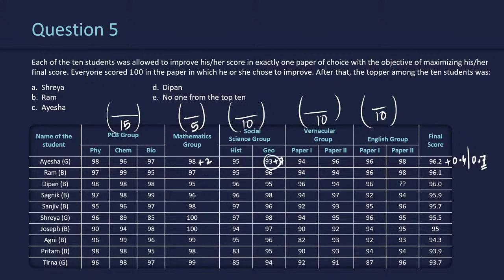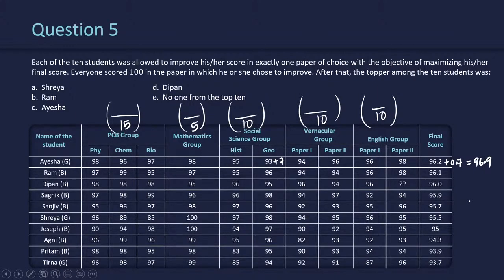Now 93 से छोटा कहीं पे भी नहीं है for Aisha. So can we say Aisha should decide to actually increase her score of geometry to be the highest so that her overall final score increases to at most 96.9 बन जाएगा. इससे ज्यादा वो नहीं कर पाएगी.